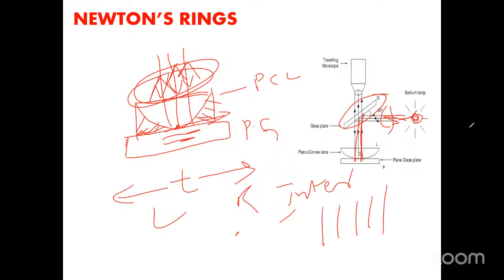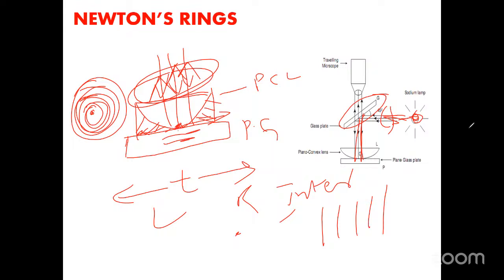But the thing is that here, at the center, when the plano convex lens and the plain glass plate are in contact, the thickness of the air film is 0. And if you move towards the right or left side, the thickness of the air film gradually increases. So why are these circular rings formed? First one is a bright-dark band, and if you move away, you get it like this.